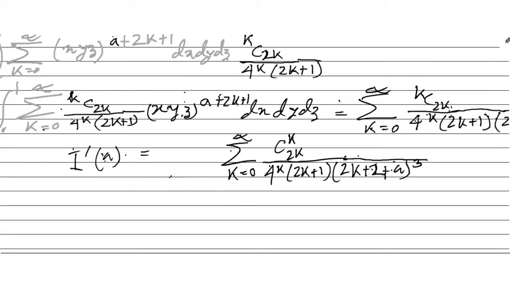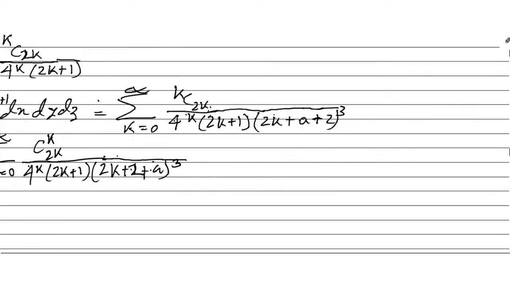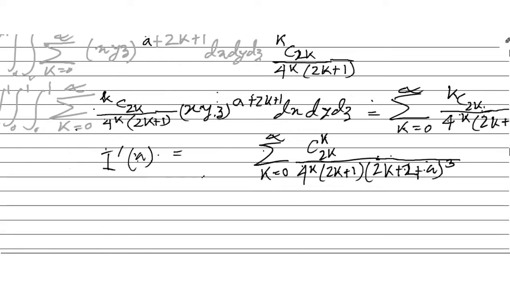Okay, and plus c. You must remember that here plus c, as a tends to infinity, c tends to 0, so this is my total value: summation ck to k, 4 to the power k, 2k plus 1, 2k plus 2 plus a whole cube.